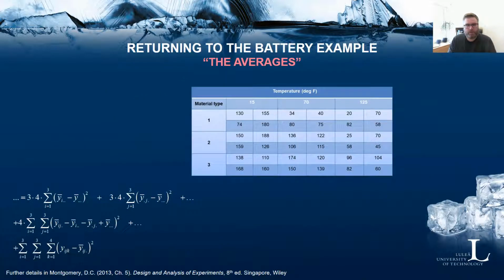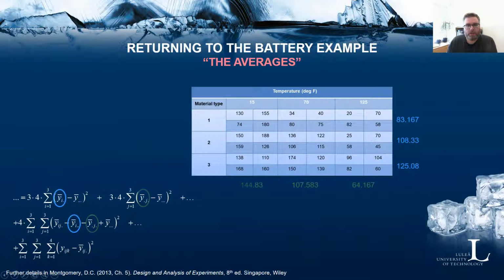Now, moving on, just to explain some parts of the calculations that are needed, we need to calculate a lot of averages. Going back to this formula, we have row averages, which we need in these areas of the formulas.